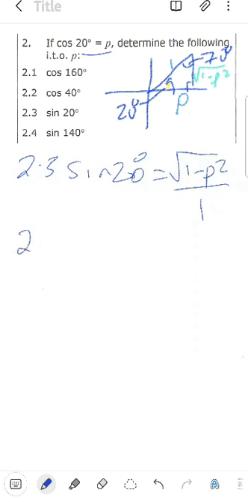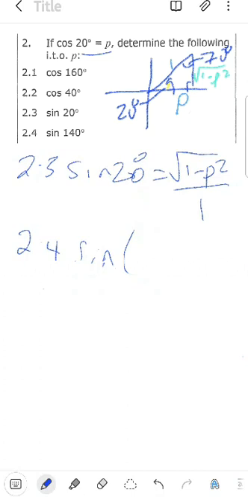Now 2.4. Now the sine of 140. So this can be expressed as, now we're still looking for that, we must have 20 in here. So how do we have 20? Now because we have 140, it's up to you.